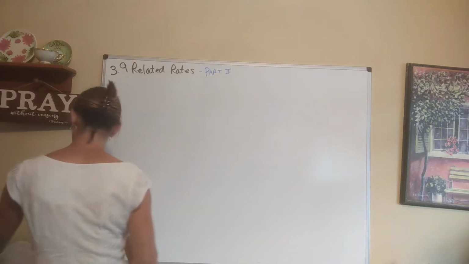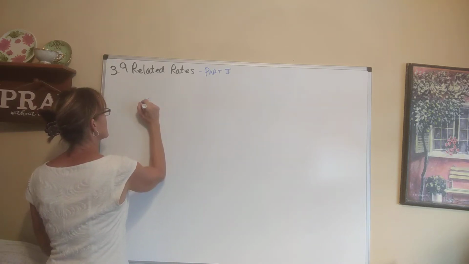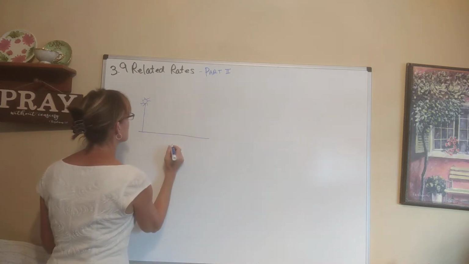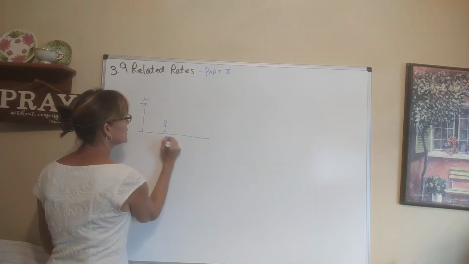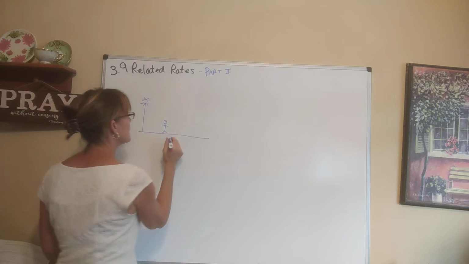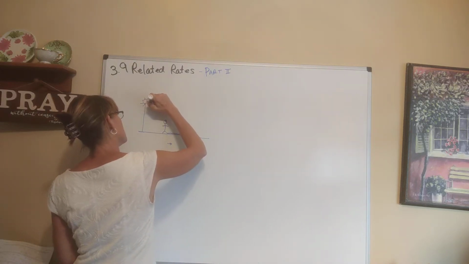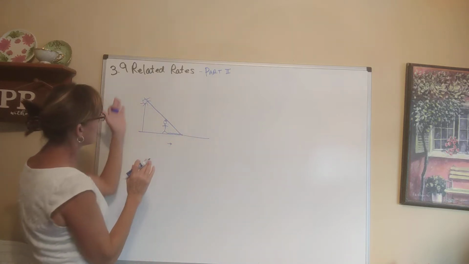So here is the situation. Here is a lamppost giving off some light, and here is the ground. And there's a man who is walking. He's walking this way, away from the street lamp, and he's got a little shadow that's being cast. So here is our light.